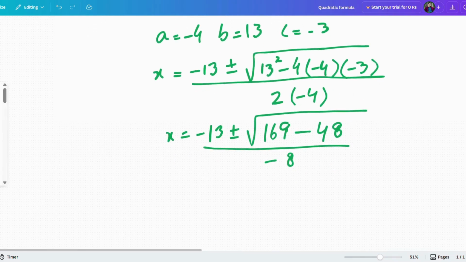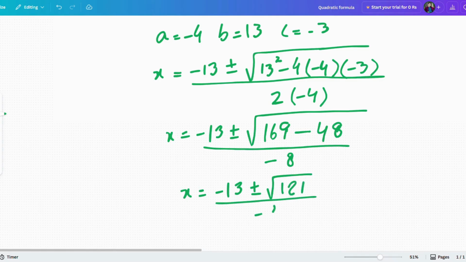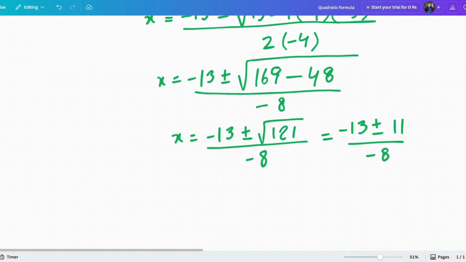So now after that, I will put x equals -13 plus minus radical 169 minus 48, that's equivalent to 121. And if I take the radical of 121, I will get plus minus 11 over -8, right?